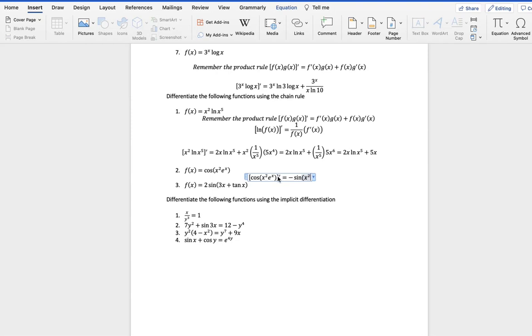x squared e to the x multiplied by 2x e to the x plus x squared e to the x. Everyone agrees here?